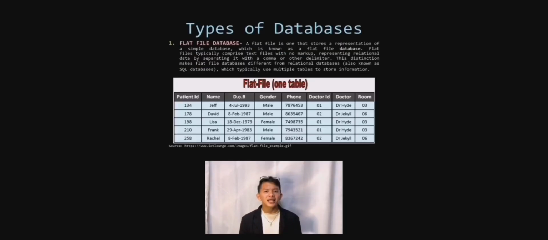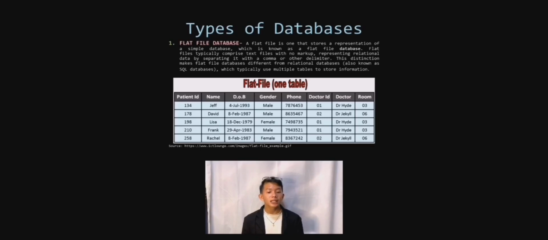So now let's go to the different types of databases and we will discuss them. The first type of database is the flat file database. A flat file is one that stores a representation of a simple database, which is known as a flat file database.